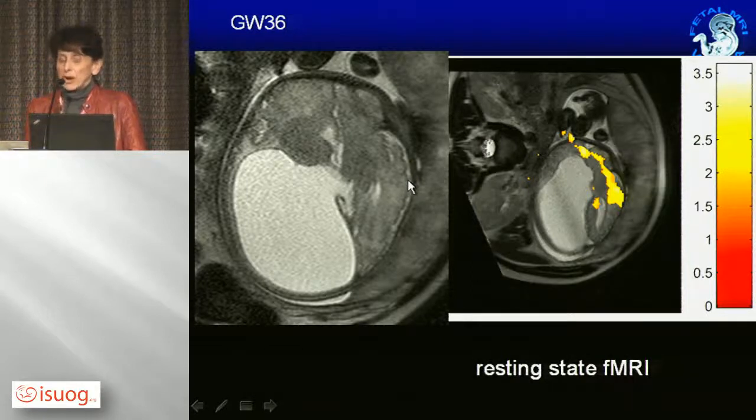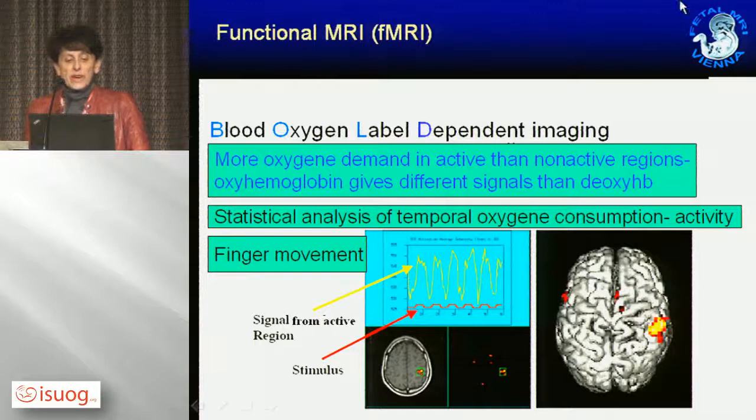But I owe you an explanation, I think. So how did we do that? You know perhaps about functional MRI. It is called blood oxygen level dependent imaging, and it is based on the fact that when the brain is active, the oxygen consumption rises, and you can measure this difference in comparison with non-active brain regions.